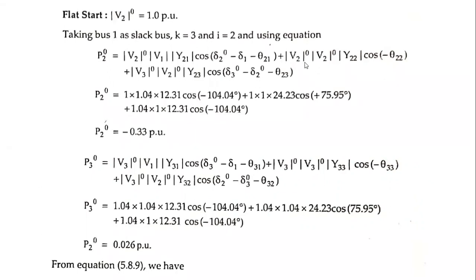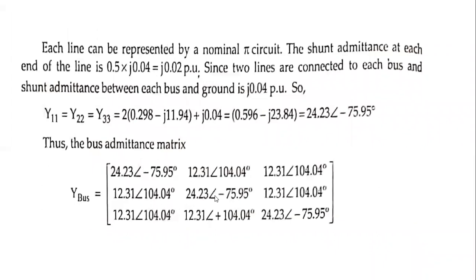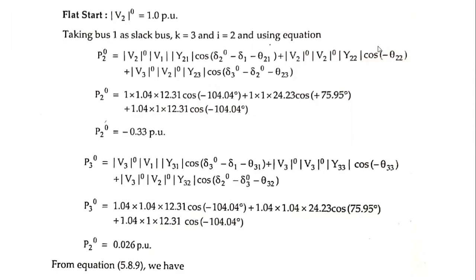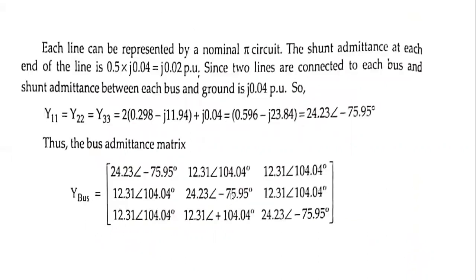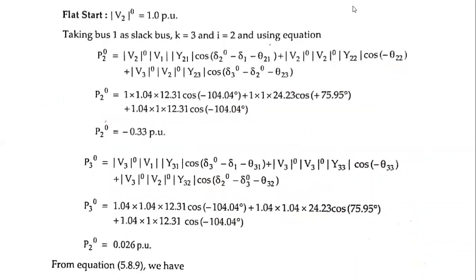Plus V2 of 0, which is 1, into V2 of 0, also 1, into Y22, which is 24.23, cos of minus theta 22, that is 75.95. Minus of minus we consider as plus, 75.95.